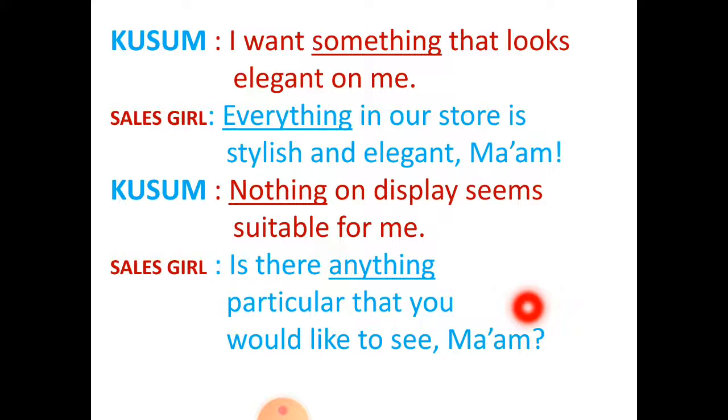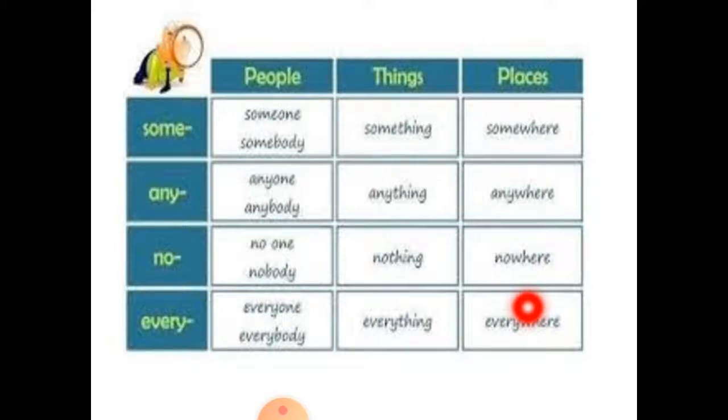So here you can see in this conversation some pronouns are used and they are underlined. You can see something, everything, nothing, anything. So here we end with this conversation and hope you have understood it well.